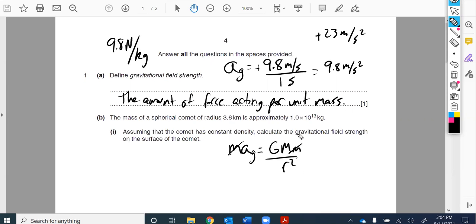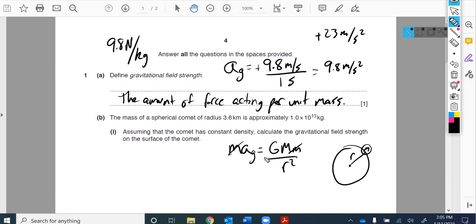So we assume that all of the mass of the comet exists at its center, the radius being the distance away from its surface. Here's some mass on the surface of this comet, but again, we approximate all of the 1.0 by 10 to the 13 kilograms as existing right here, separated by this distance r.